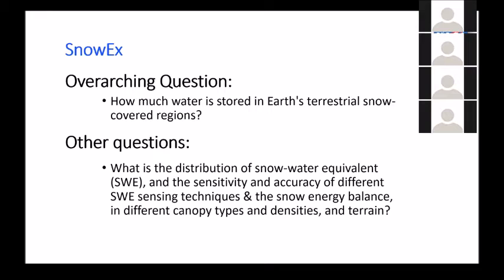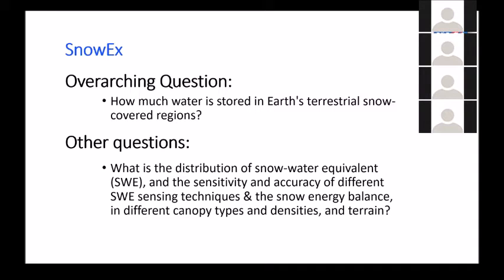snow cover over time. But one thing we have not been able to do from space is determine the distribution of snow water equivalent. And we don't even know which are the best sensors for doing that. We can measure snow water equivalent, and what that means is how much water is in the snow. Not just where is it, but how deep it is, how dense it is.